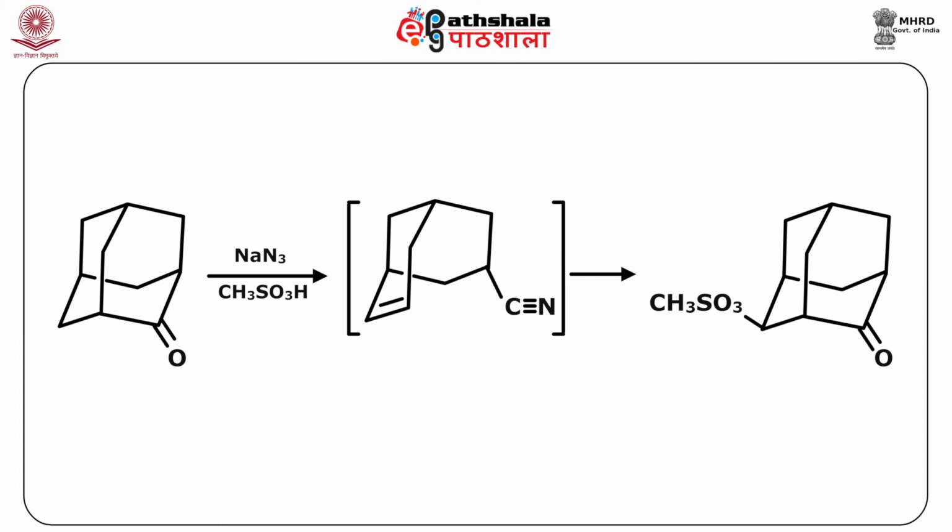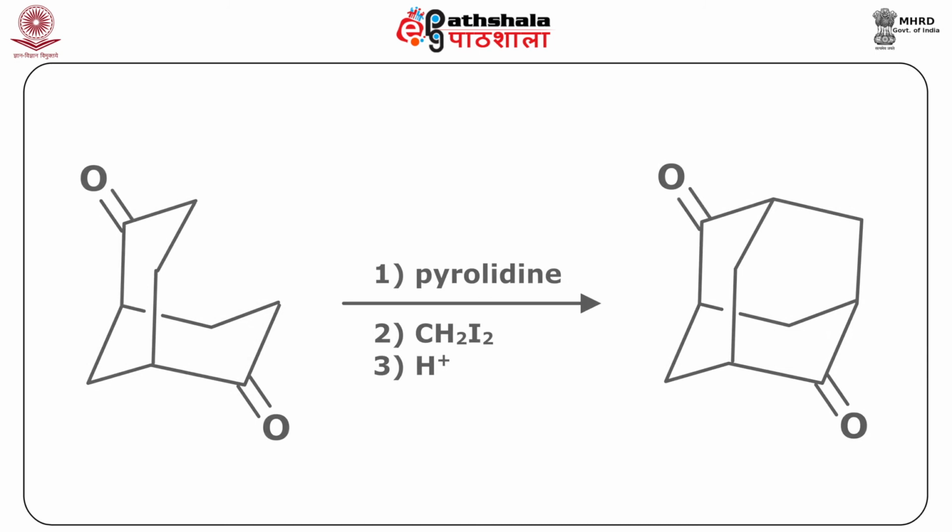As shown in the scheme, we are reacting an adamantanone derivative with sodium azide in the presence of methanesulfonic acid, which gives a nitrile as an intermediate, and then it rearranges to give a 2,4-disubstituted adamantyl. Now moving on to 2,6-disubstituted adamantanes.